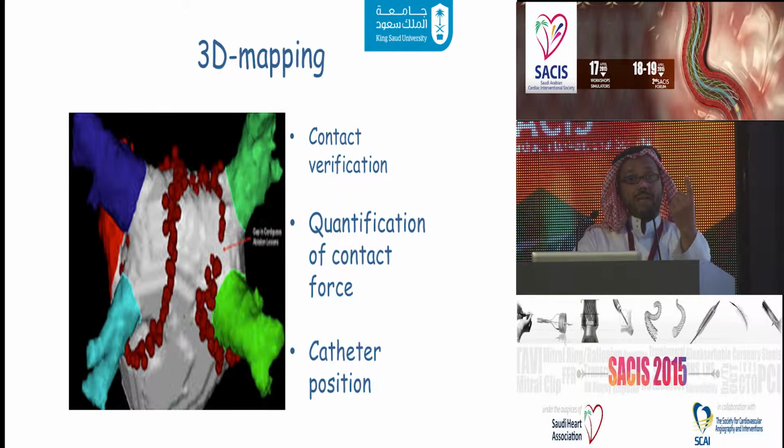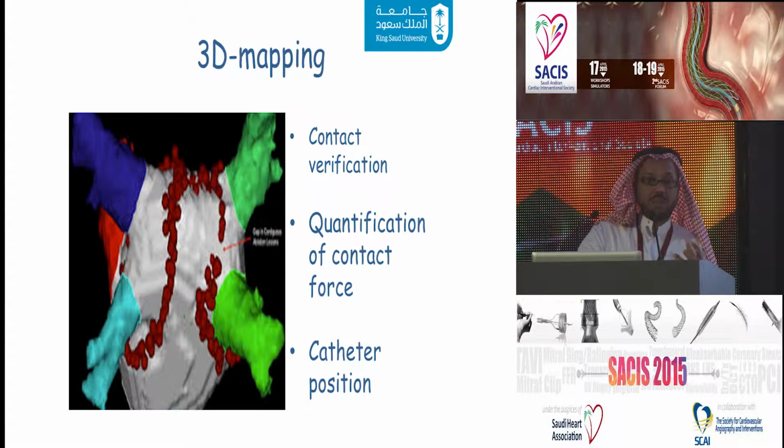When we put the catheter in a certain position, it gives you a red color, which means I'm not in contact. If you push it against the wall, it becomes green, then you know that there is contact. So you verify that you have really good contact. There is also quantification of the force. Contact is not enough; you have to have enough force applied to the tissue to create a lesion.